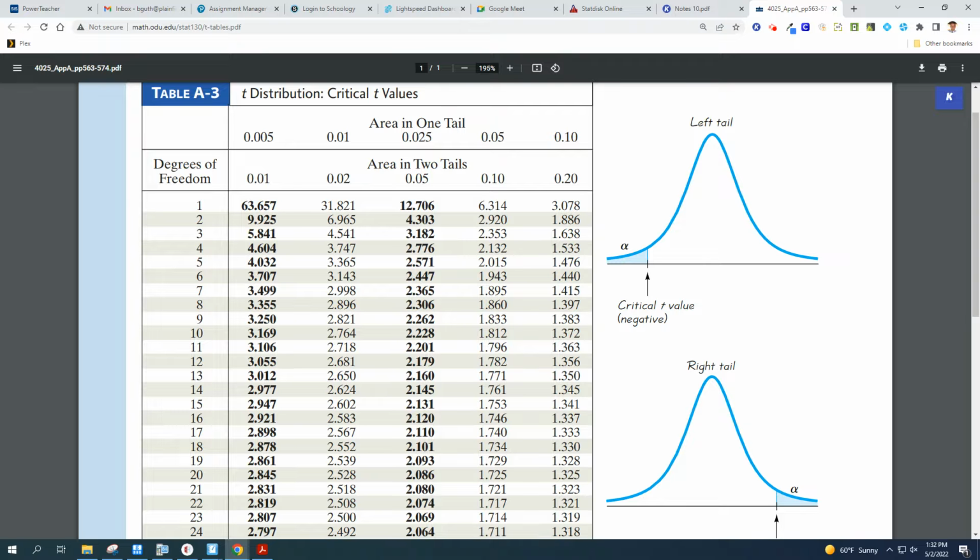And so that translates to some p-value in this ballpark right here. Okay, we can see from this table that the p-value is less than 0.01. That's not very accurate, but that would probably be good enough for us to answer this question. So the p-value is less than 0.01.